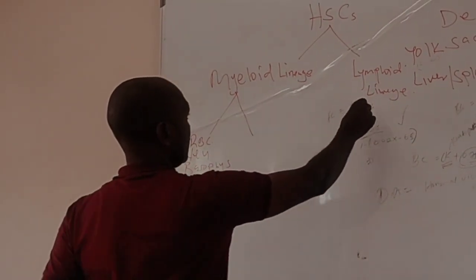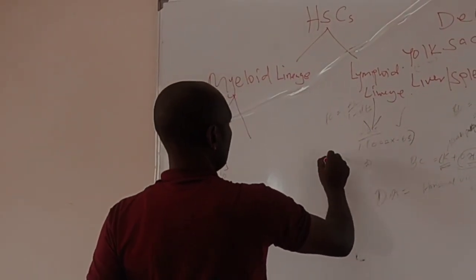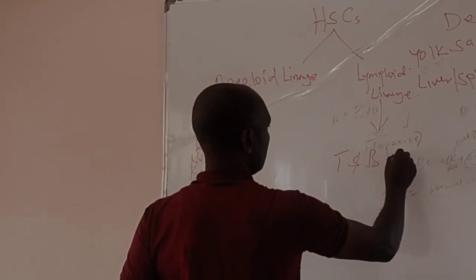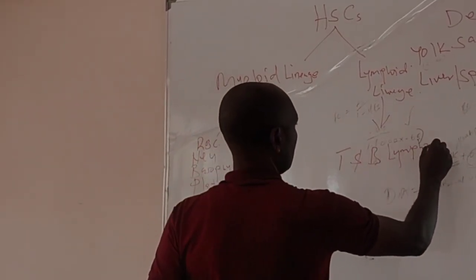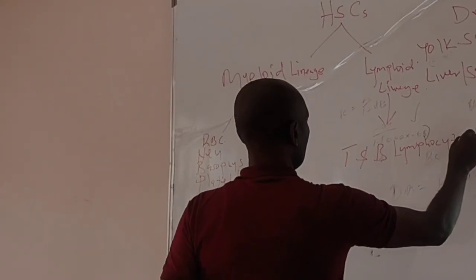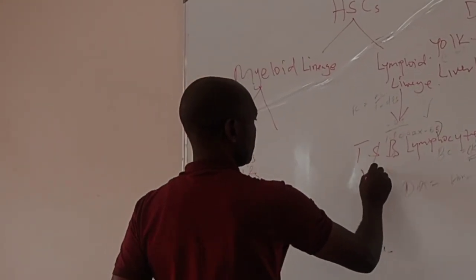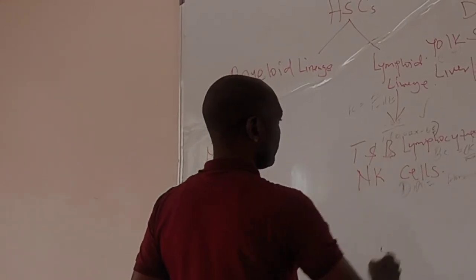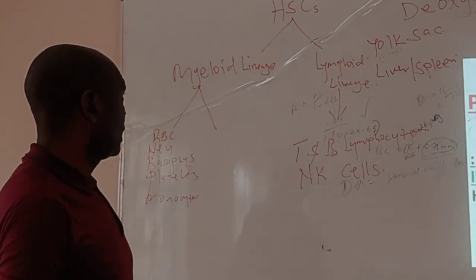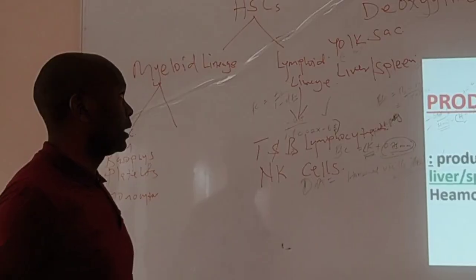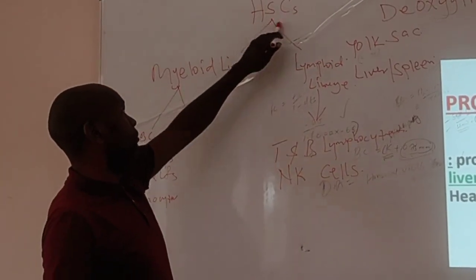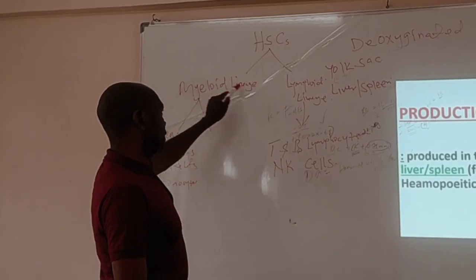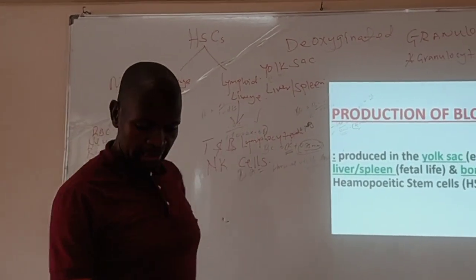And from the lymphoid lineage, we get T and B lymphocytes. We also get what we refer to as the natural killer cells. So that is basically how these cells are produced from hemopoietic stem cells to differentiate into different types of blood cells.